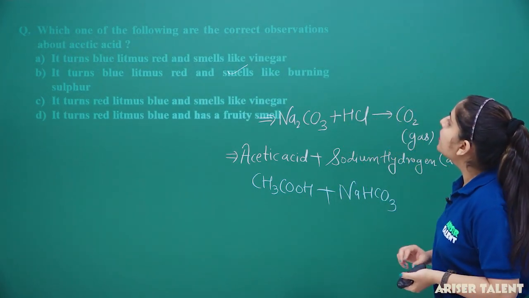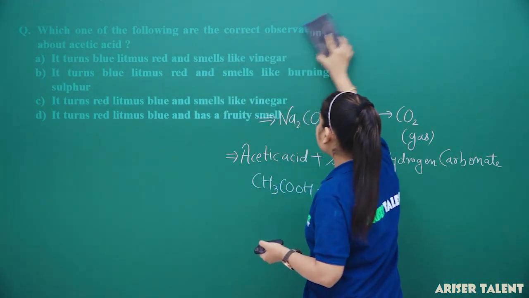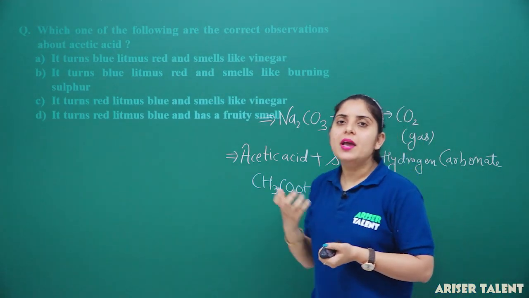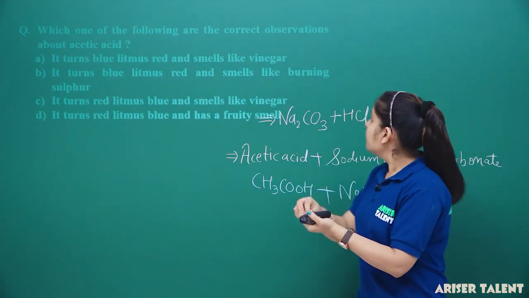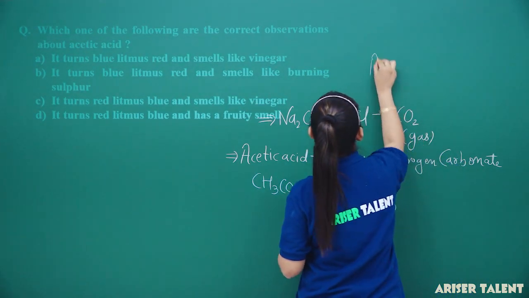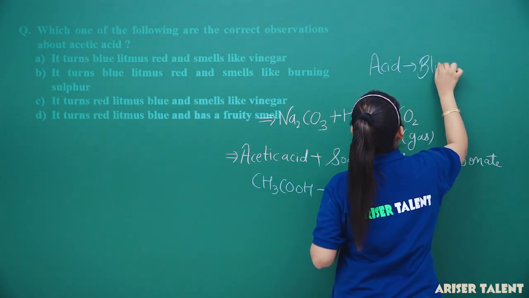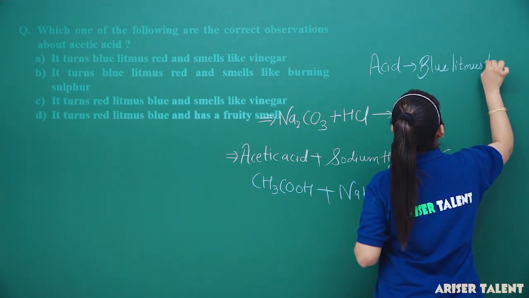Which one of the following are the correct observations related to acetic acid? So obviously acetic acid is an acid. So acid has the characteristic that it will convert blue litmus to red.